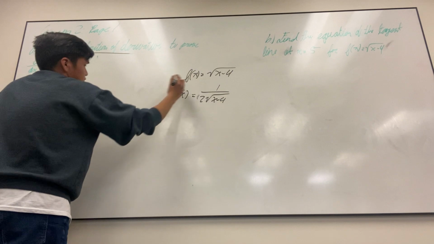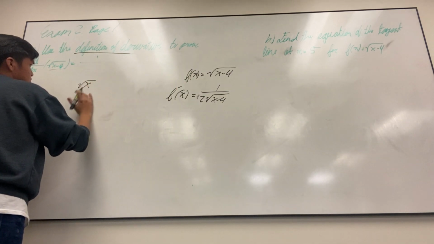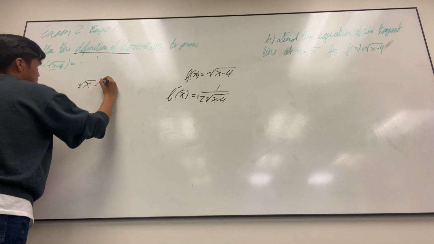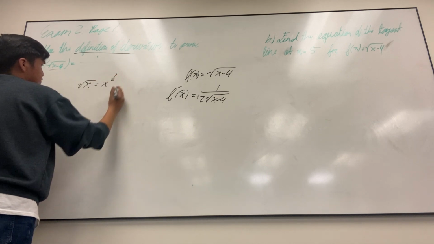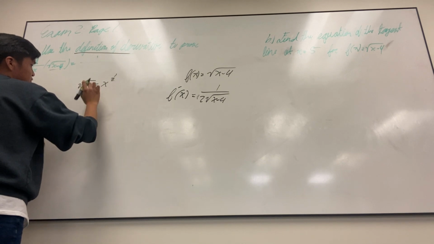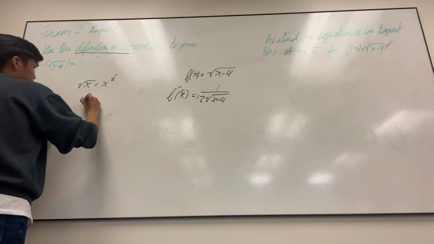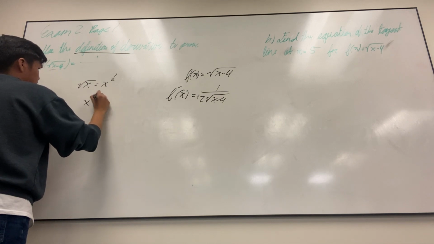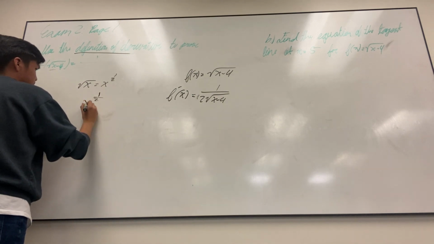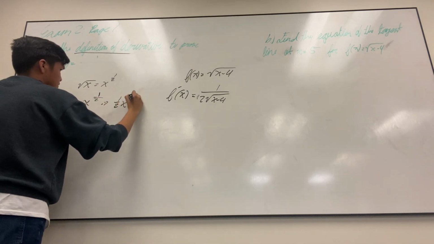So to write the derivative of a square root function, you can write the original function as just square root of x. This is also rewritten as x to the 1/2. And to find the derivative, you times the exponent to the front minus 1. So in this case, we have x to the 1/2, we times 1/2, and to the front we have 1/2 x.